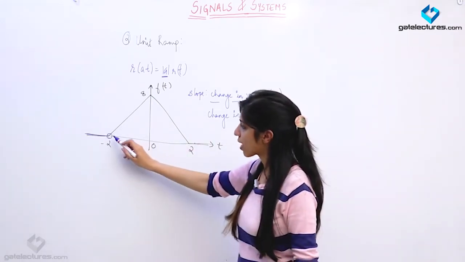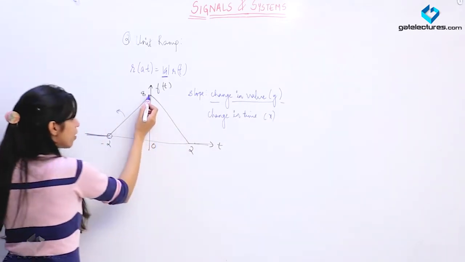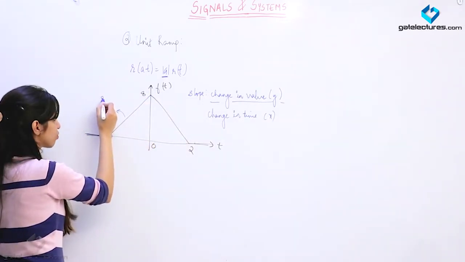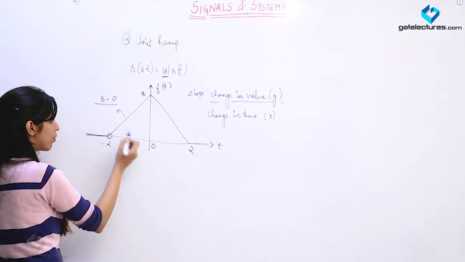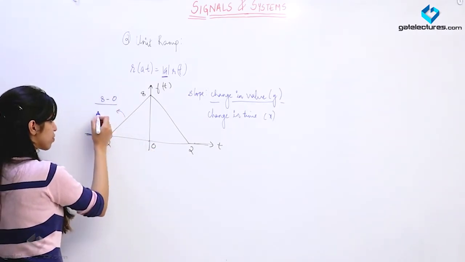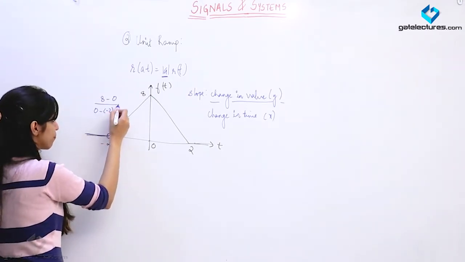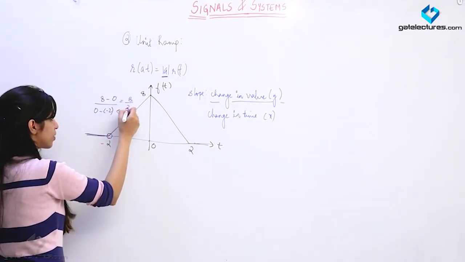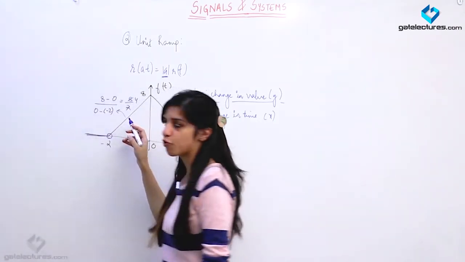So if I want to calculate the slope of this line, the final value of the signal is 8, the initial value was 0, so 8 minus 0, upon the final time, which is 0, minus the initial time, which was -2. So this is going to be 8 by 2, which is 4. So the slope of this line is 4.